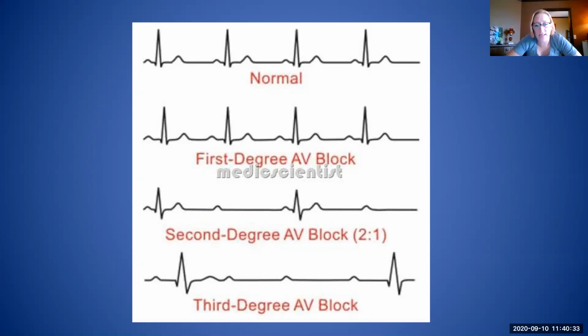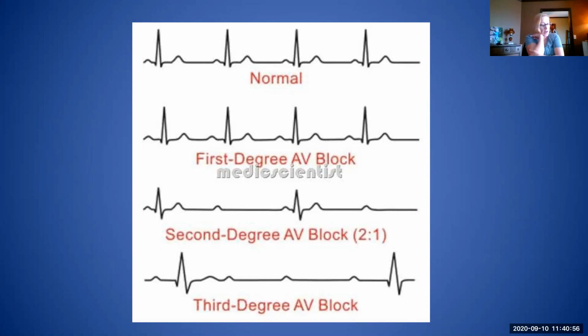Your first degree block is the main one that you need to recognize, which is very simple. All it is is your PR interval that's greater than 0.20. When you're measuring out your PR interval, you'll mark it up next to a box, and if it's greater than one of those big boxes, then you know that your patient is in a first degree AV block.